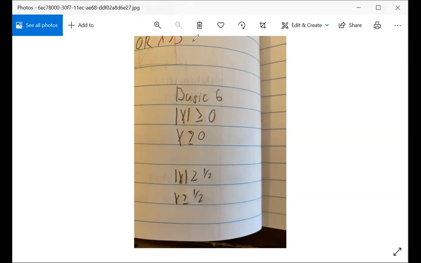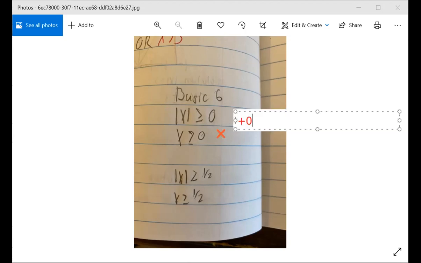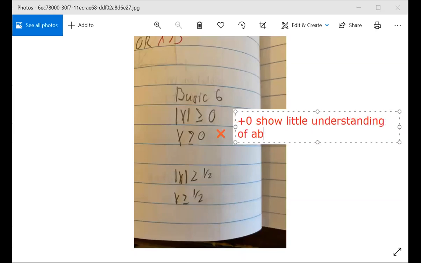Let me first talk about the answers and how your professor might be grading it. In this case, you might just get 0 because this shows little understanding of the absolute value concept. I'm sorry, this sounds a little harsh, but that's a reality.